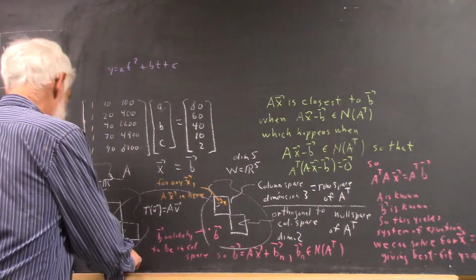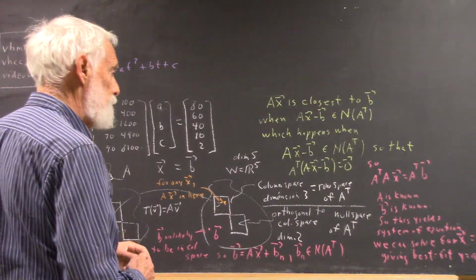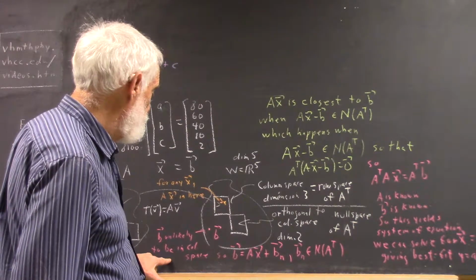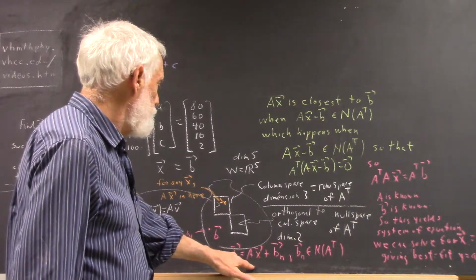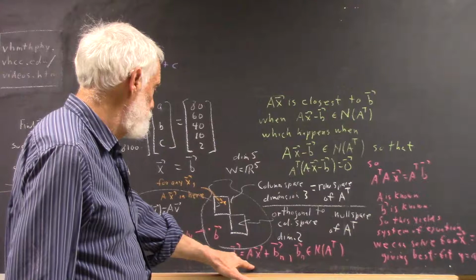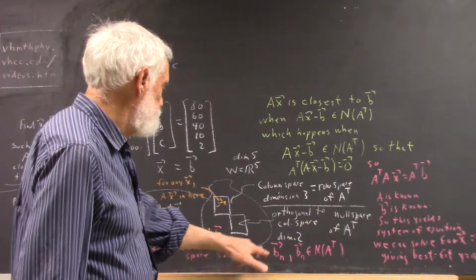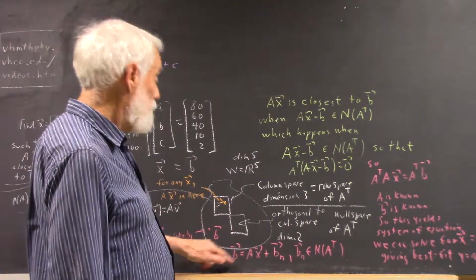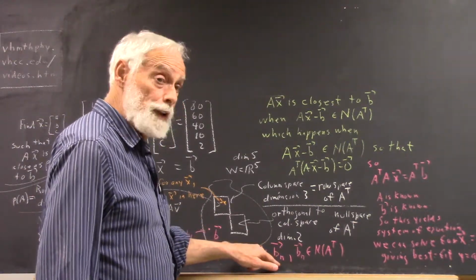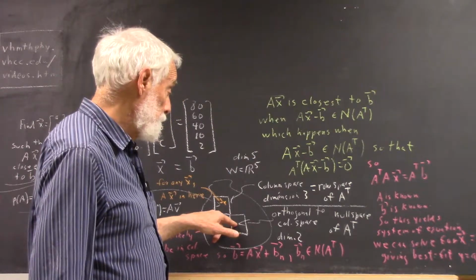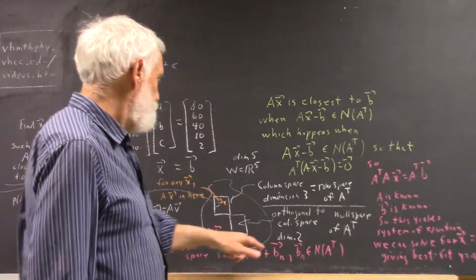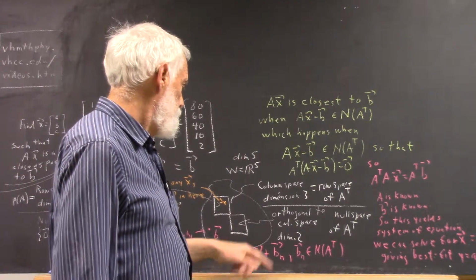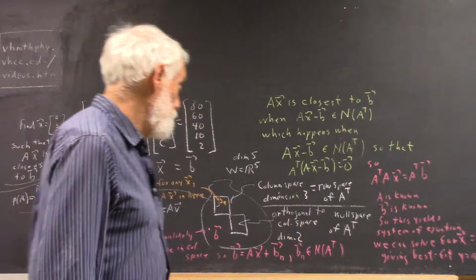Now, I haven't written it out, but the B vector is unlikely to be in the column space, so B is going to equal AX plus some vector in this space, and it's going to turn out that this vector has to be in the null space.